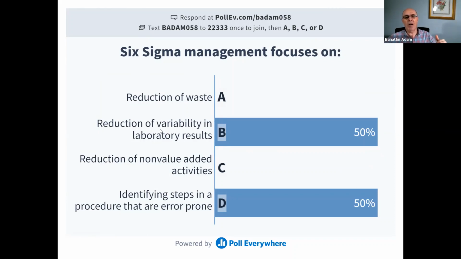And reduction of variability in laboratory results is about Six Sigma, okay? Good, it doesn't matter whether you send a correct or a false answer. I don't care about that, but I want all of you to participate in these activities, okay?